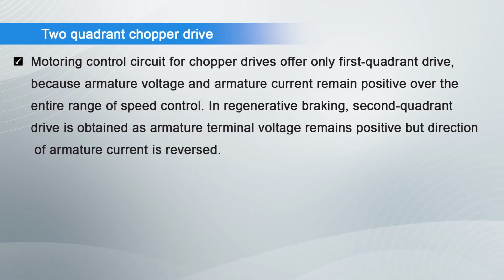The motoring control circuit for chopper drives offers only first quadrant drive, because armature voltage and armature current remain positive over the entire range of speed control. In regenerative braking, second quadrant drive is obtained as the armature terminal voltage remains positive, but the direction of the armature current is reversed.